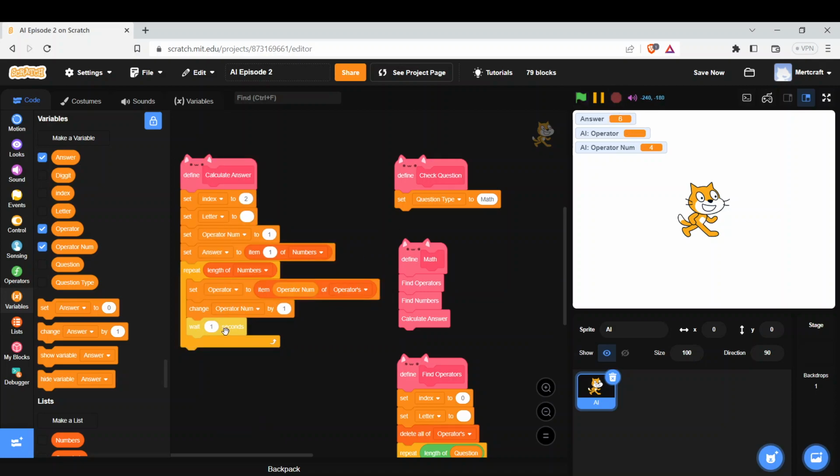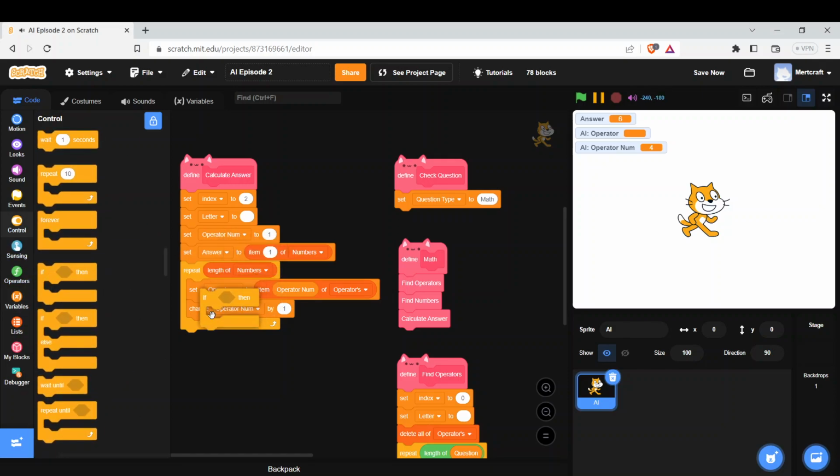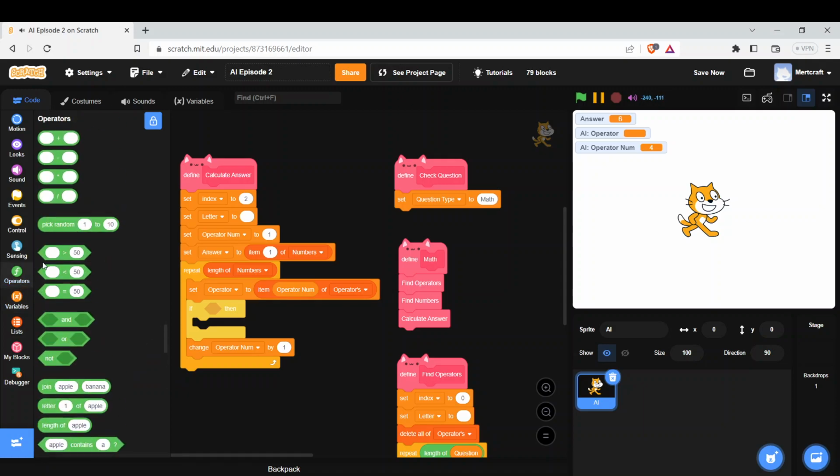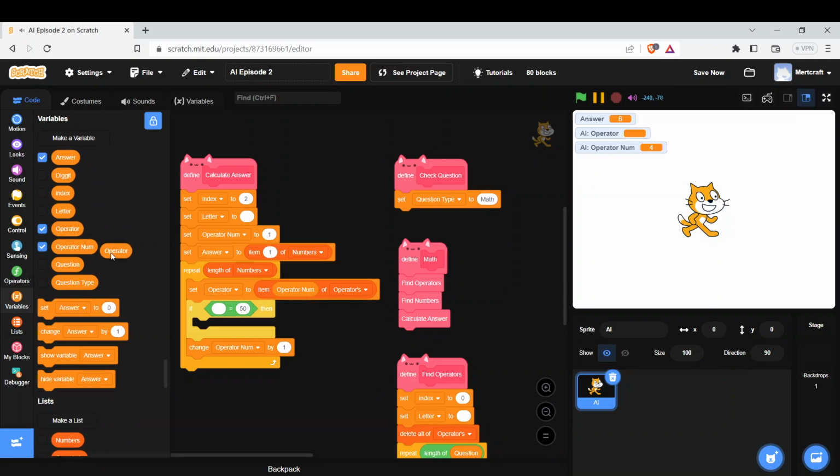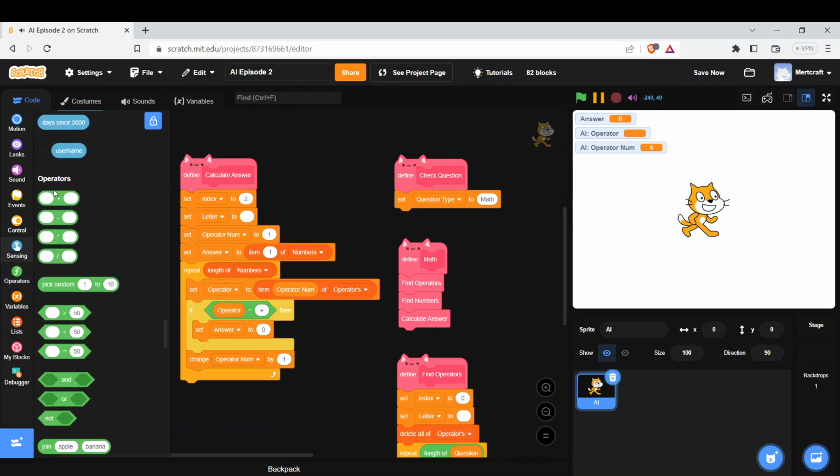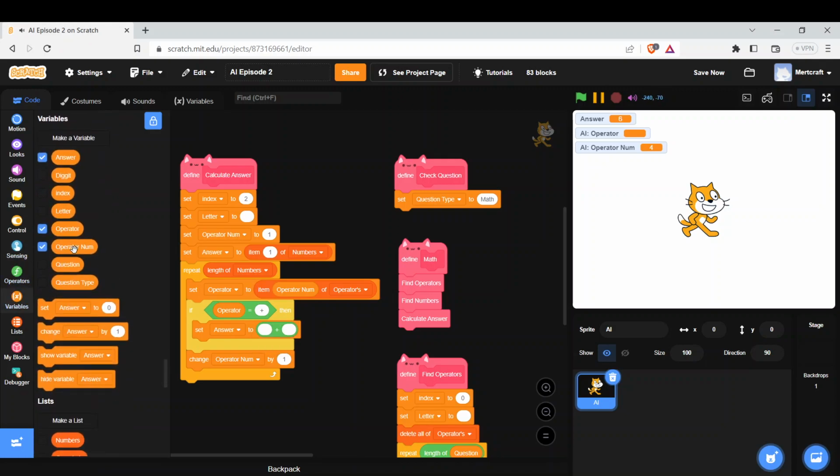Yeah, it worked. So we can take this one, wait 1 second, and then put an if, then in here put an equals, operator equals plus, then set answer to answer plus, join number, letter plus letter.